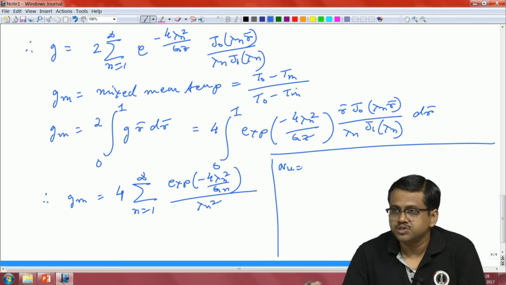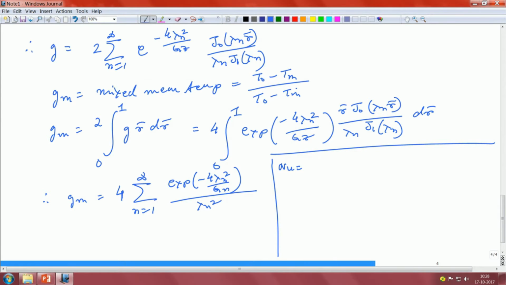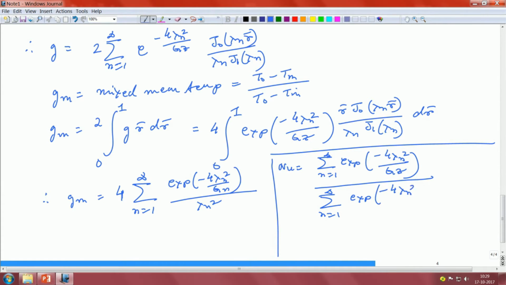Similarly, your Nusselt number, which will be one of the most important parameters over here, will be given by an expression. See, all these series converge pretty fast, so you do not need to consider a whole lot of terms to get convergence. So, this is the value of the Nusselt number at any point.